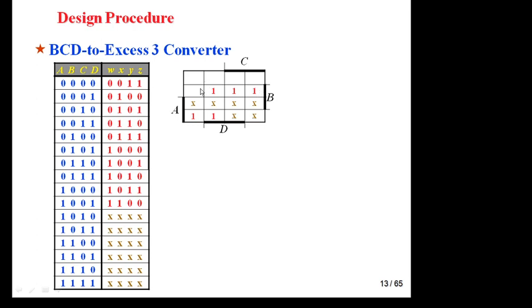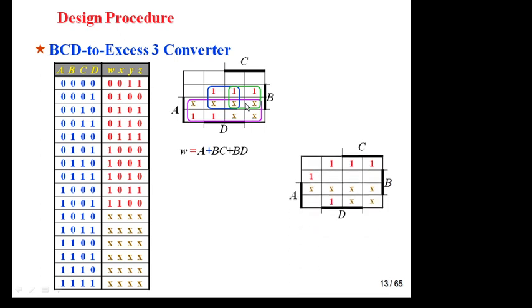Now just make groups. You are already aware of K-map, 1 octet and 2 quads, so the minimized expression for W will be A plus BC plus BD.